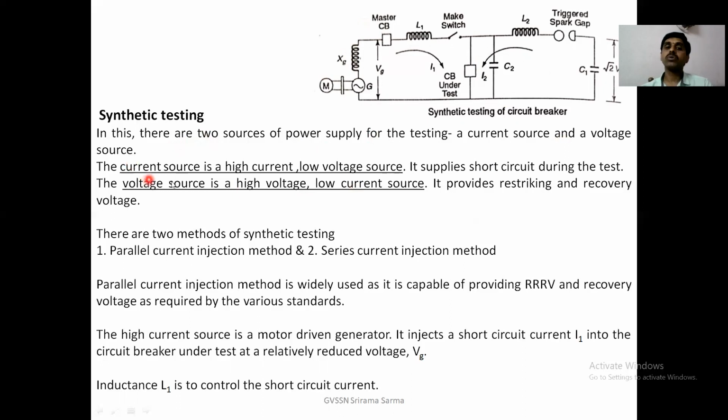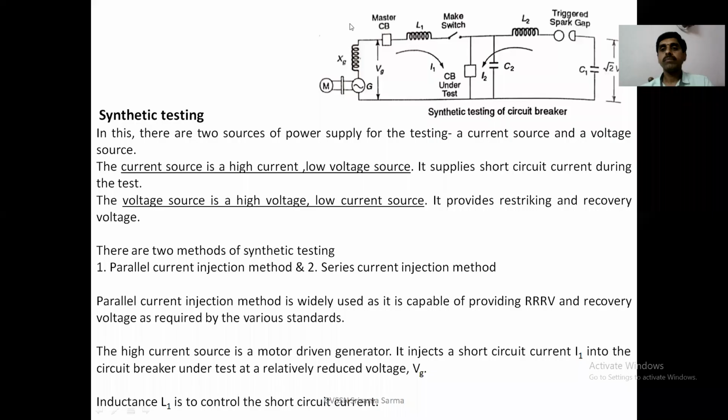What is that current source? It is a high current, low voltage source. It supplies short circuit current during the test.